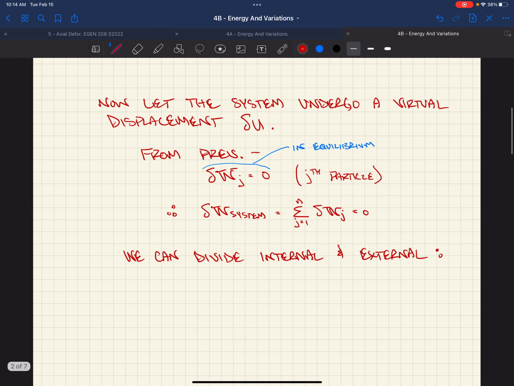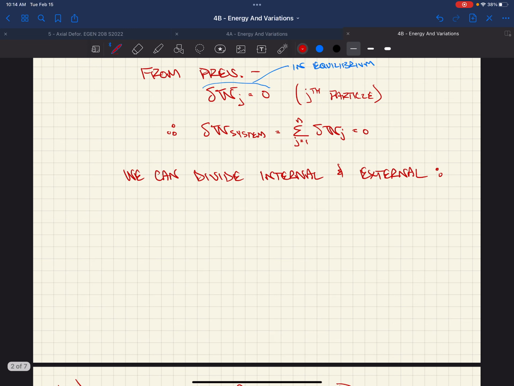So we can divide internal and external, so we get the change in work, or the virtual work, of external forces and the virtual work of internal forces.